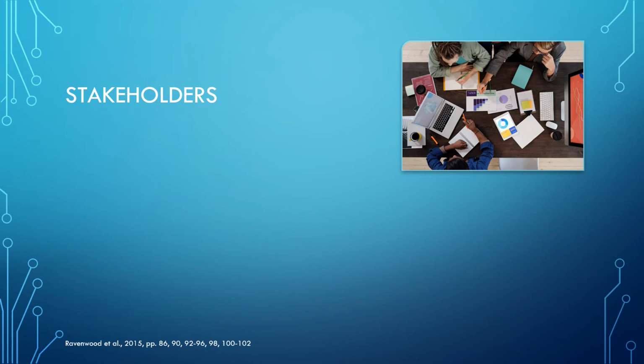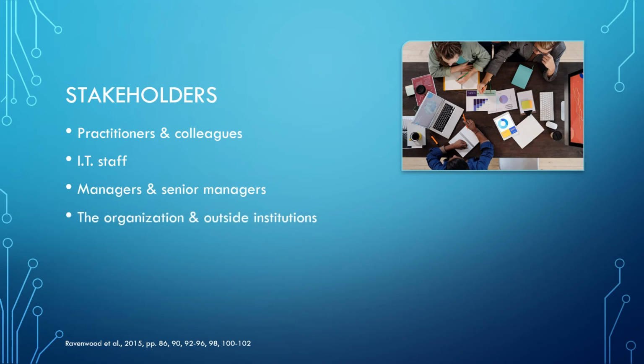These different stakeholders are practitioners and colleagues, IT staff, managers and senior managers, the institution, and donors. The practitioners are the ones who work closest with the files and apply selection criteria to materials. Their colleagues form an informal information network for them to draw knowledge from.